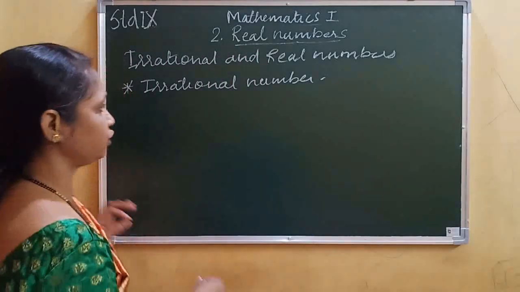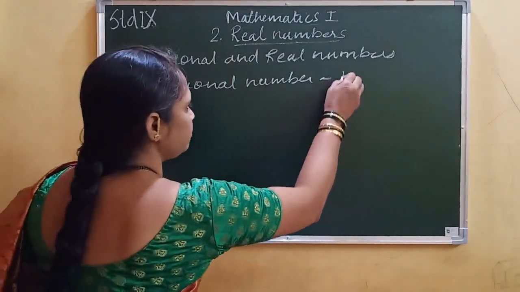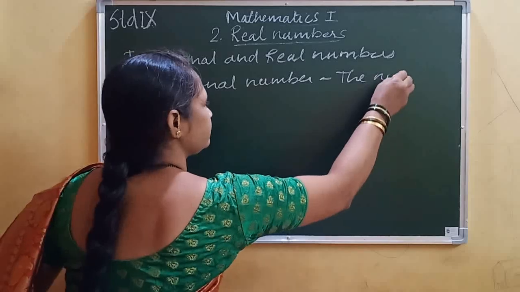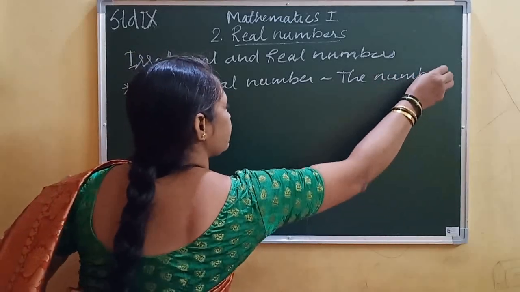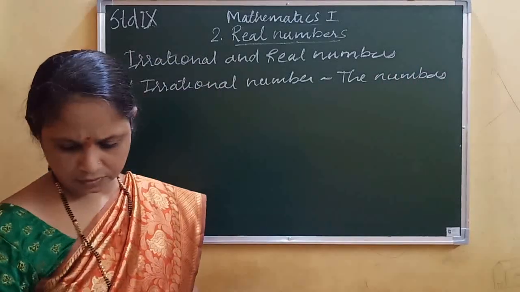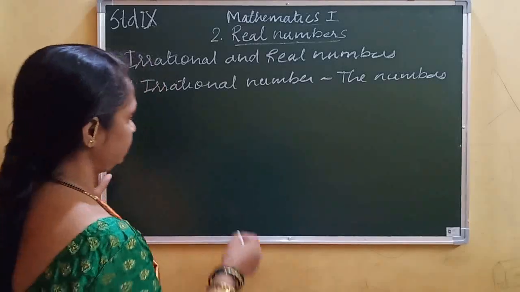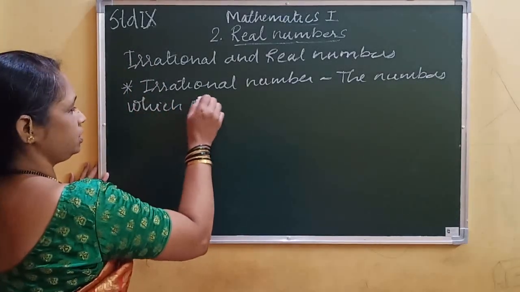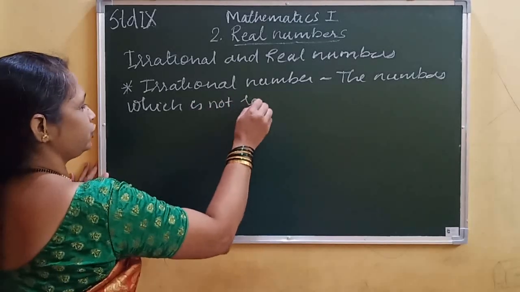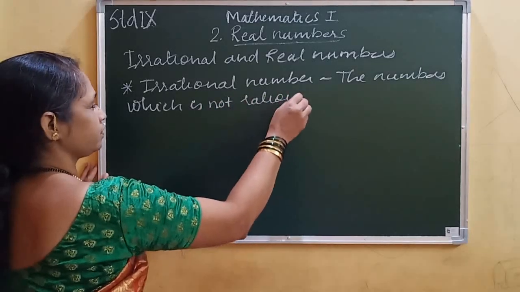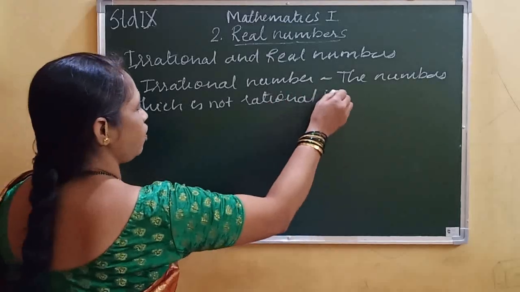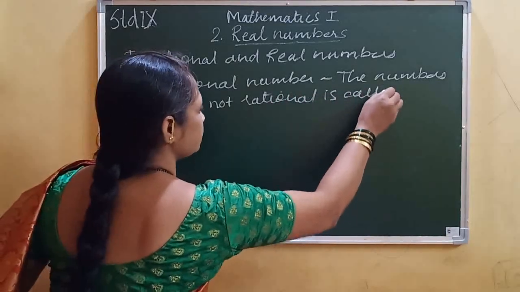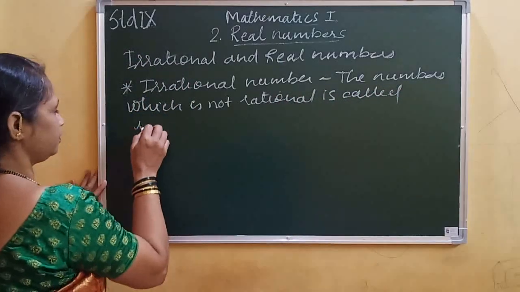Now we'll see irrational numbers. The numbers which are not rational are called irrational numbers.